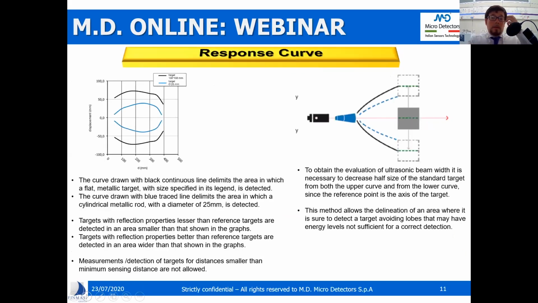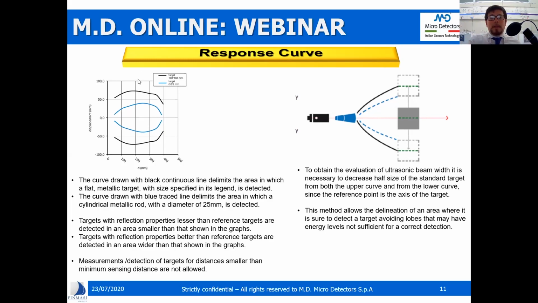Okay, let's go now to the, I think, most difficult part of today's lecture, the response curve. What does it represent, this response curve? It approximately represents, let's say, the shape of our acoustic cone.